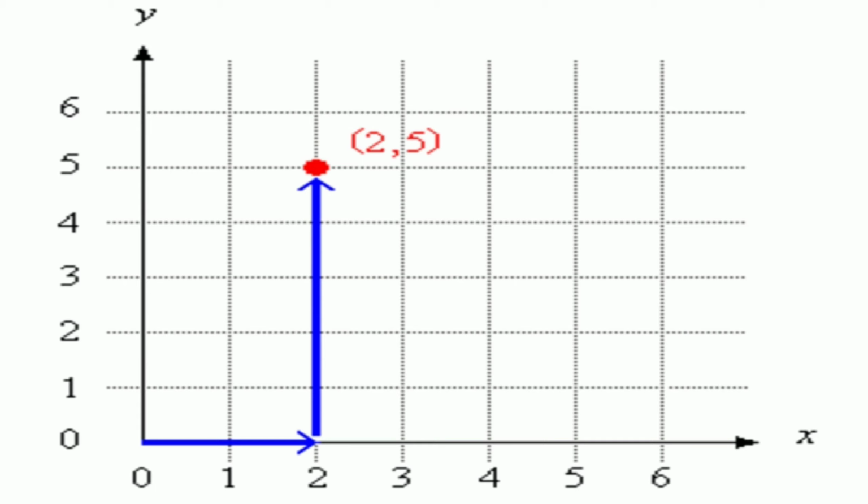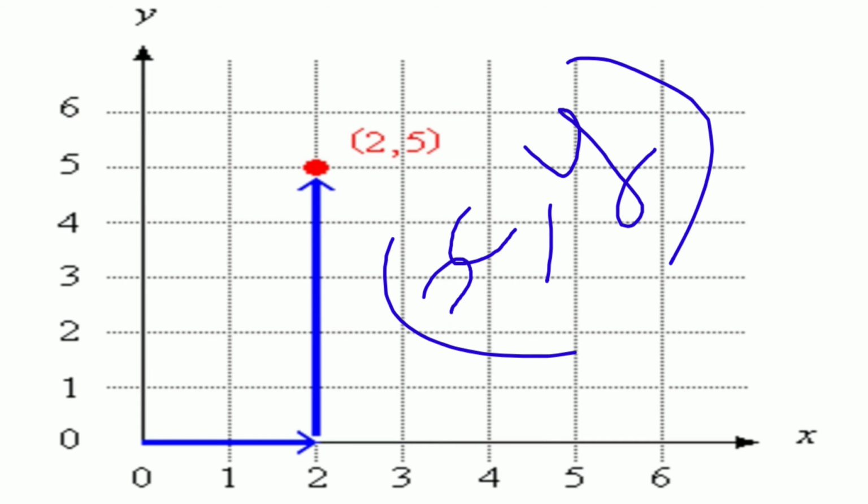Every point in the plane can be represented by an ordered pair (x, y), where the first value is the x coordinate, indicating its horizontal position relative to the origin, and the second value is the y coordinate, indicating its vertical position relative to the origin.